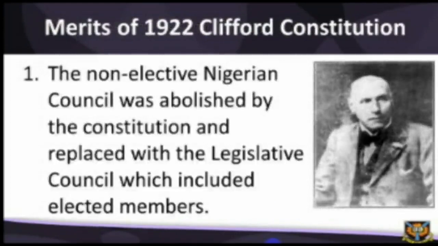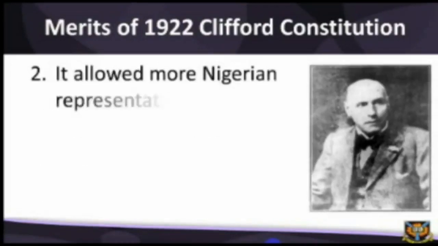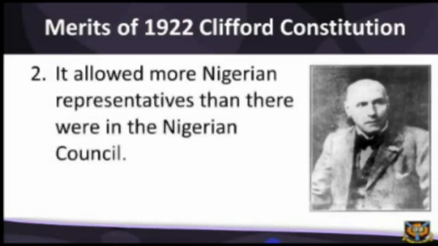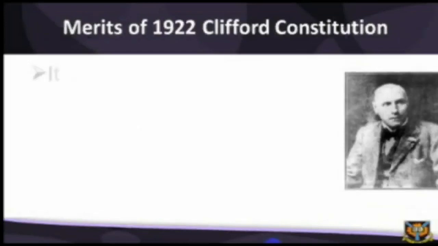The non-elective Nigerian Council was abolished by the Constitution and replaced with the Legislative Council, which included elected members. Thus, the Clifford Constitution allowed more Nigerian representatives than there were in the Nigerian Council.